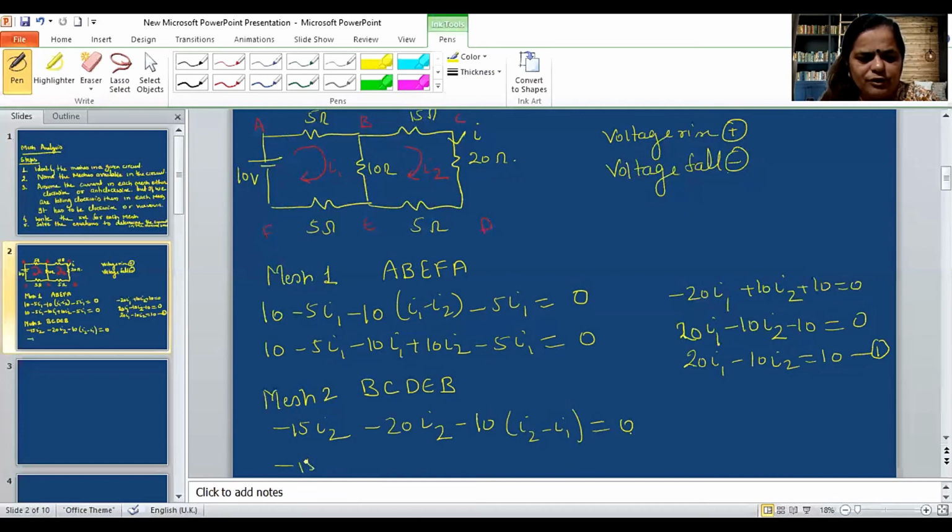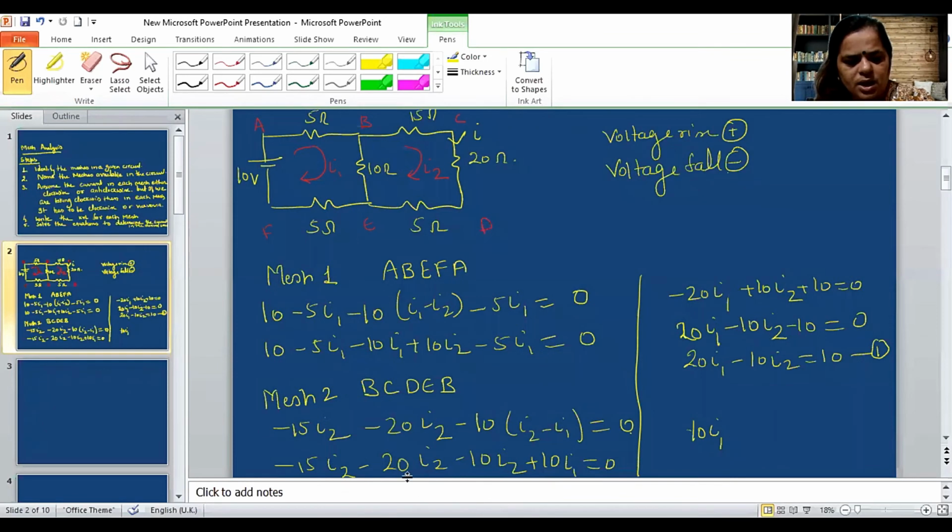Now if I further expand it, minus 15 I2 minus 20 I2 minus 10 I2 plus 10 I1 is equal to 0. So what I am going to get? 10 I1 minus 45 I2, that is equal to 0. This is equation number 2.